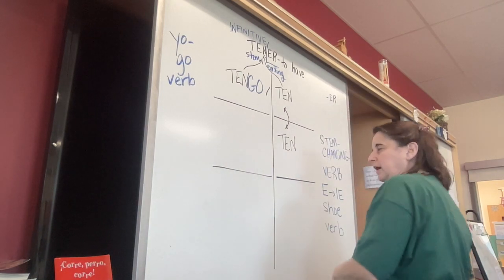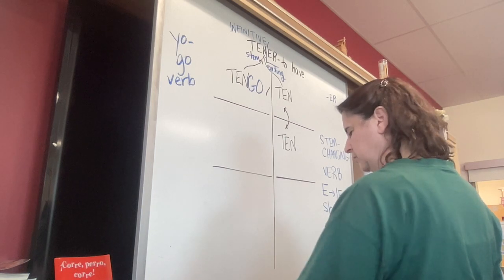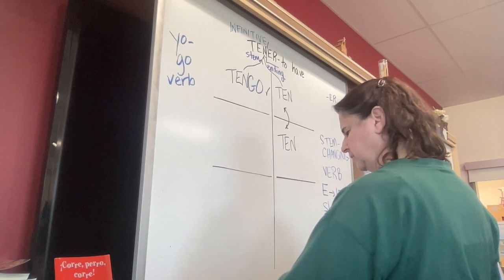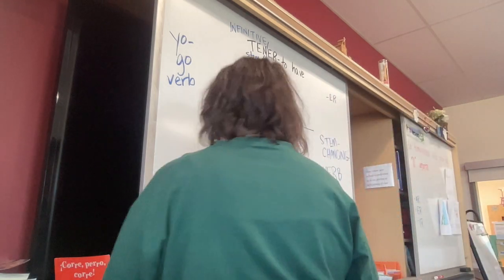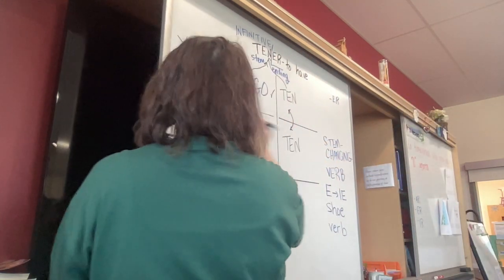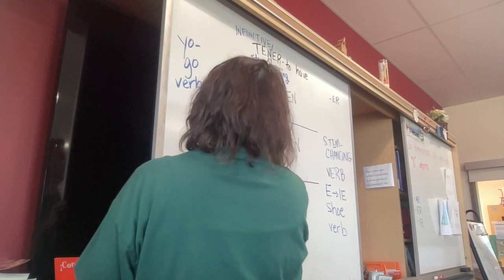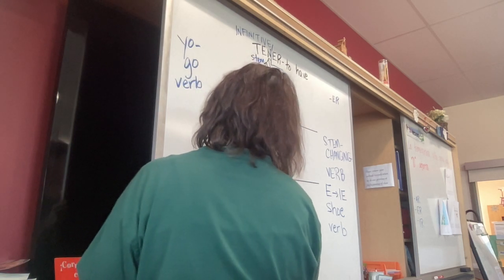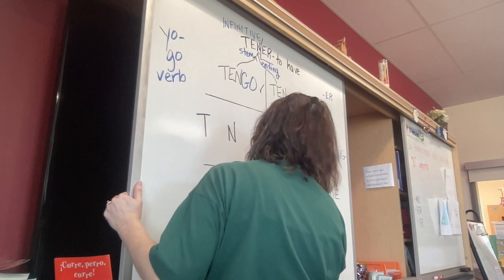All right, so next, el otro color. I'm going to do it like so. Here's where we're going to see a stem change. I'm leaving space for 2 letters in there.